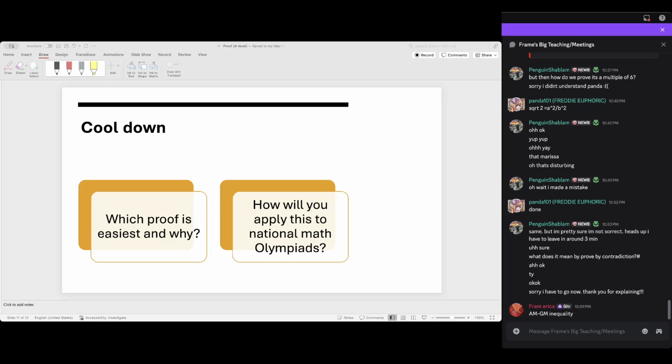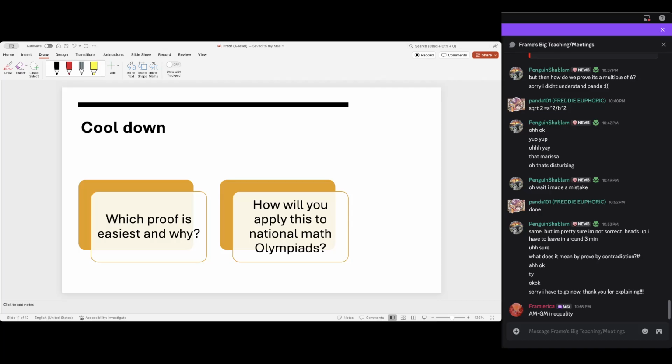What does it mean by National Math Olympiad? Yeah. National math Olympiads, think of them as math competitions that you compete in a subject at national level at a specific year group. In this case, it's in mathematics.